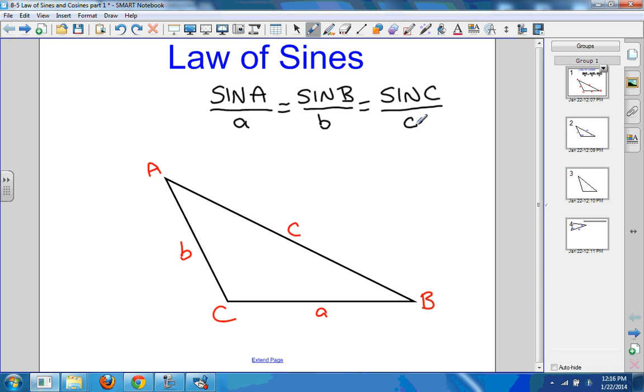Basically, if we take the sine of an angle, say angle A, and divide it by the side opposite, it'll equal the sine of any other angle divided by the side opposite. So in this case, sine A over side A will equal sine C over side C, or sine B over side B. So let's take a look at this a little bit.